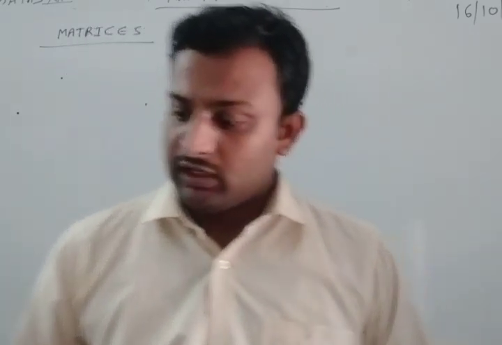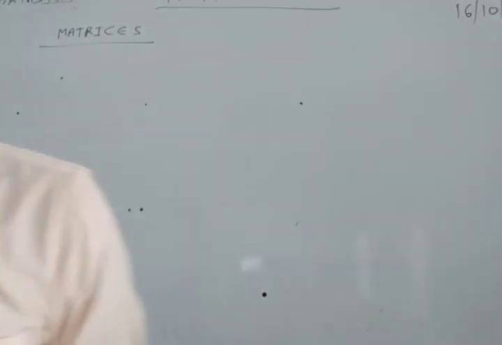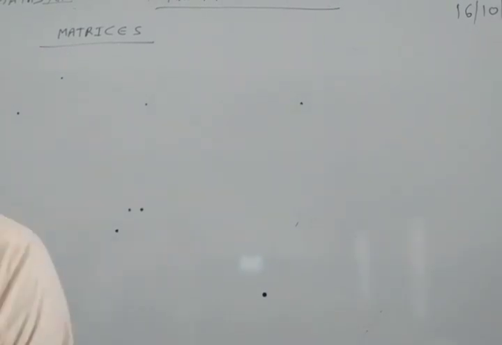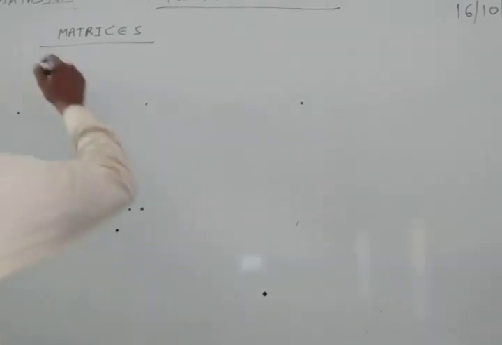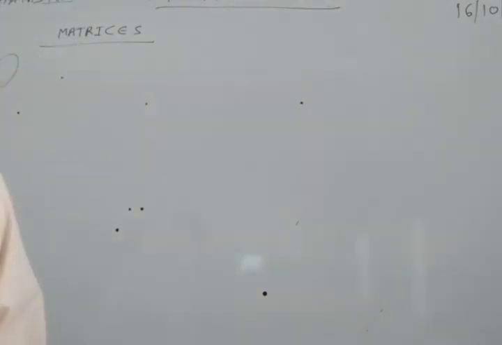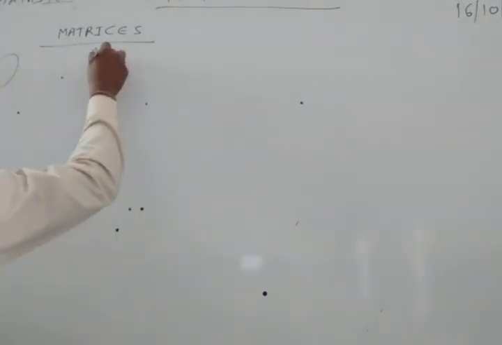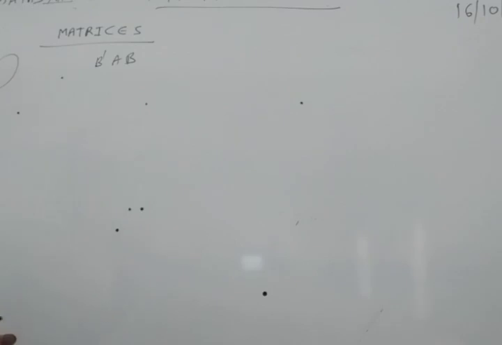So let's start. First question is: show that the matrix B dash AB is symmetric or skew symmetric according as A is symmetric or skew symmetric.